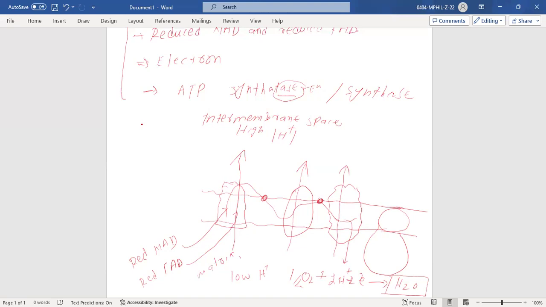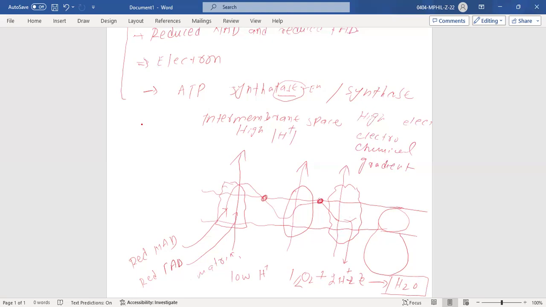This is another point that you must keep in mind. Let me write electrochemical gradient. There will be a high electrochemical gradient established because of the transportation of the protons from the matrix into the inner membrane space.